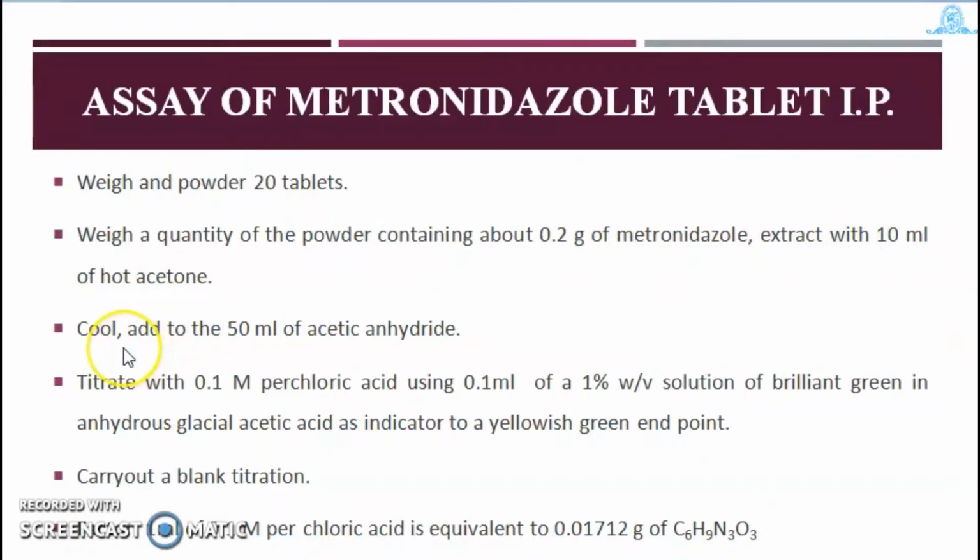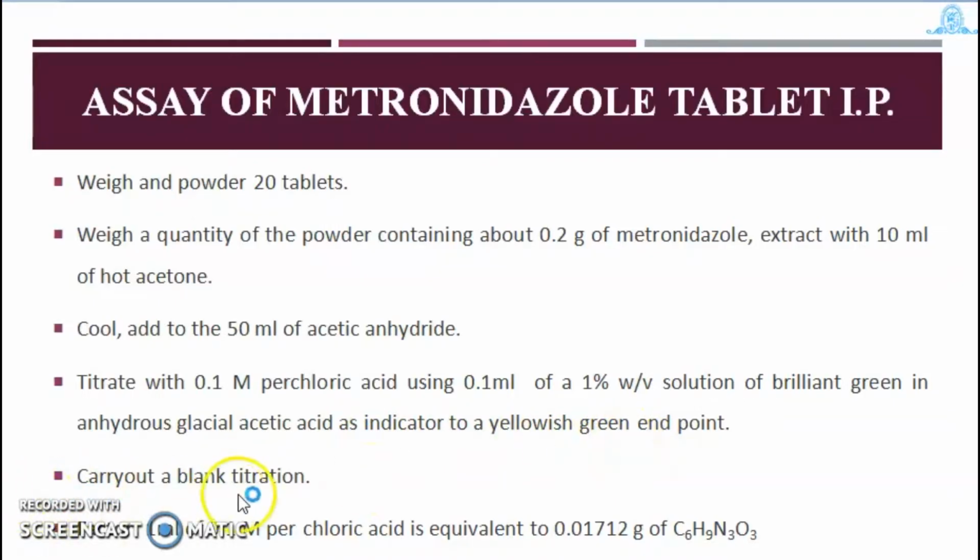After that, cool the solution, add 50 ml of acetic anhydride, and now we have to titrate this with 0.1 normal perchloric acid using 0.1 ml of 1% weight by volume solution of brilliant green in anhydrous glacial acetic acid as an indicator, which gives a yellowish green color as an end point.